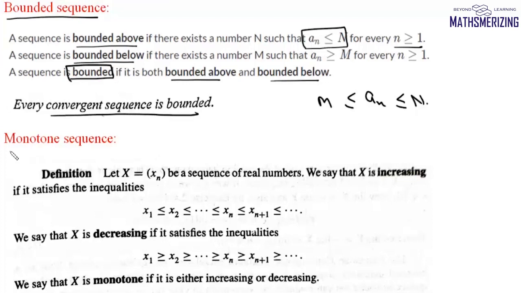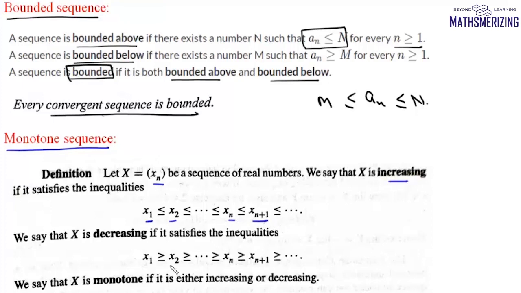Now let us take monotonic sequences. When we say a sequence is monotonic, we simply mean that either it is an increasing sequence or it is a decreasing sequence. So we say any sequence xn of real numbers is increasing if x1 is less than or equal to x2, is less than or equal to xn, is less than or equal to xn plus 1. So this sequence is an increasing sequence.